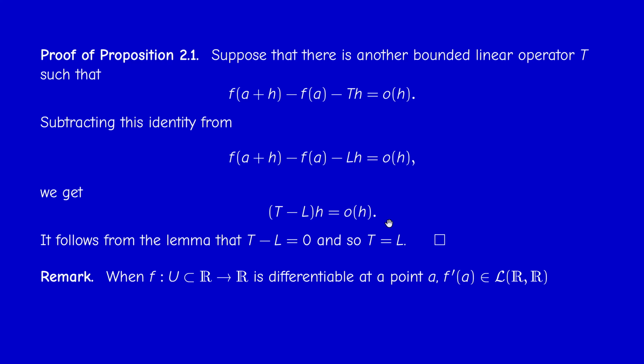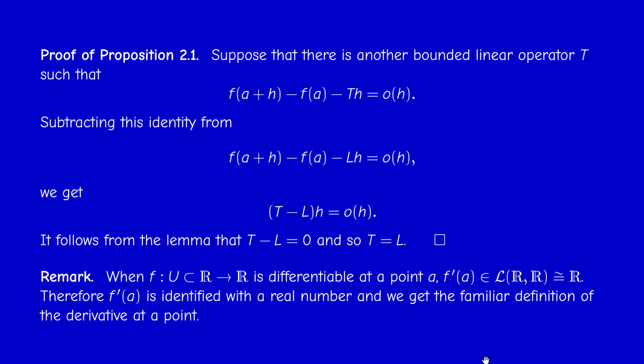Okay? Now, last remark before we stop this video. If we specialize in the case E equals F equals R, the derivative by our general definition is just an element in L of R and R, which is the set of linear maps between R and R, and they are automatically bounded. And we know that we can identify this with R. So the derivative at A can be identified with a number, and we get our usual familiar definition of the derivative.